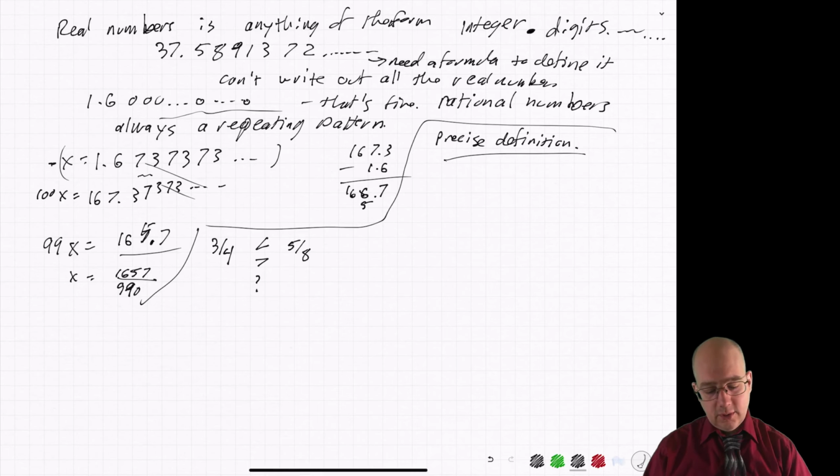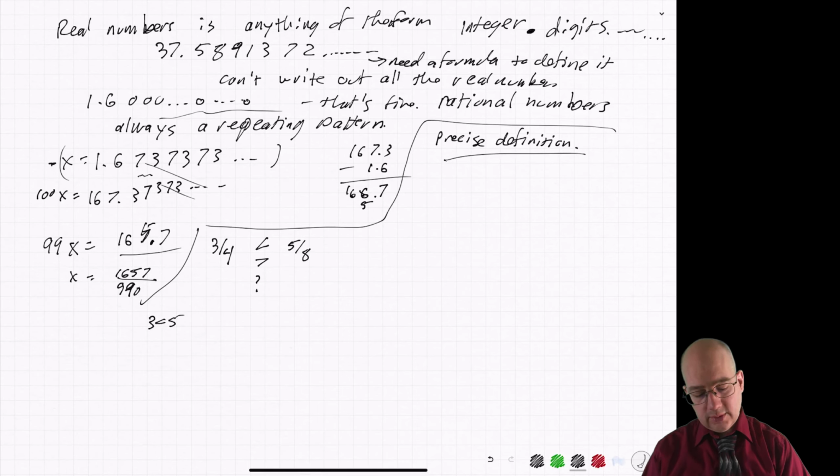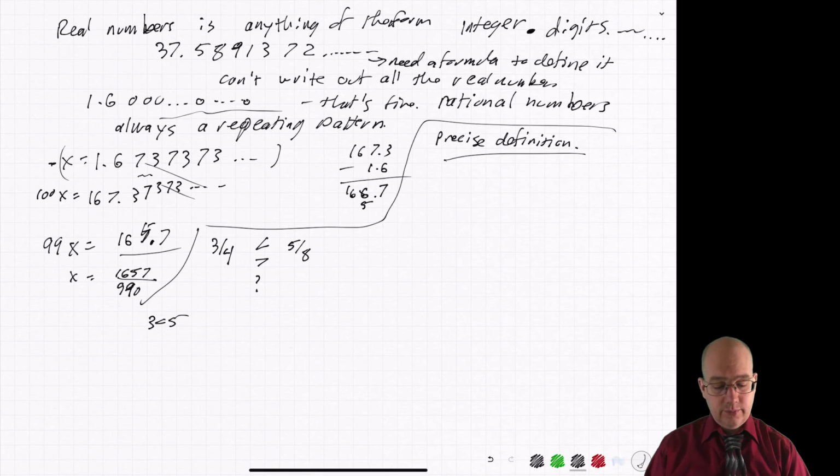So we do know that 3 is less than 5. And we know that 4 is less than 8. But does that tell us anything about 3/4 versus 5/8? No, not really. Hopeless. So what we do need to do for comparing rational numbers is same denominators.